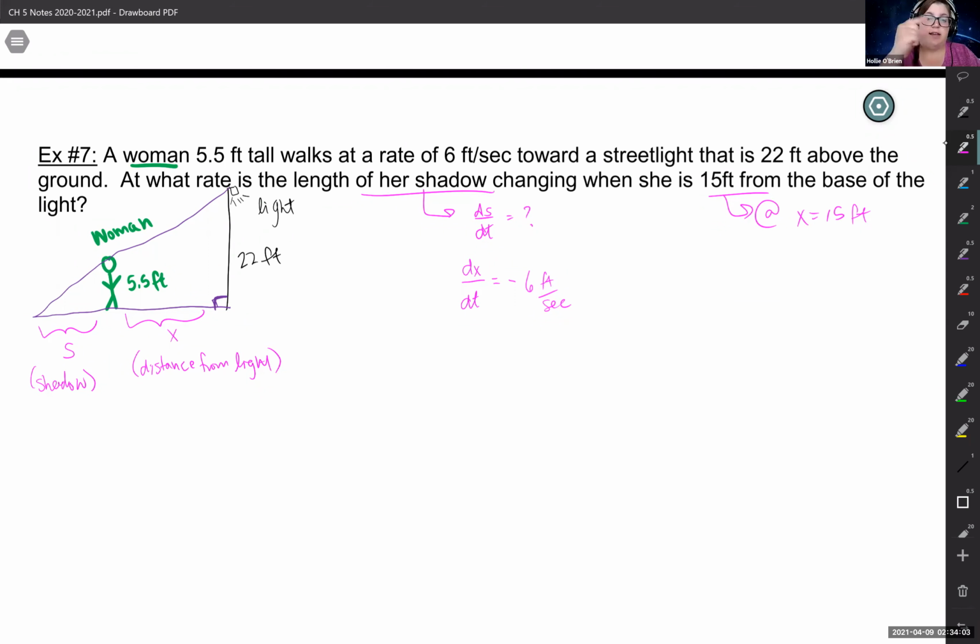X is the distance to the light. That's the trick play. Normally, if you're going to the right, x is increasing. But we defined x to be the distance to the light, and since she gets closer as she walks, x is shrinking, therefore the rate of change is negative.